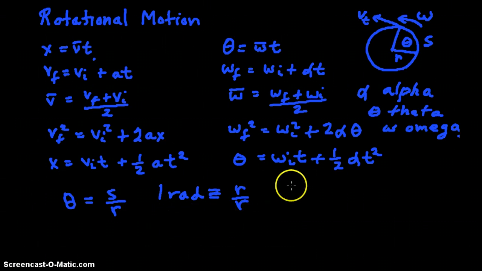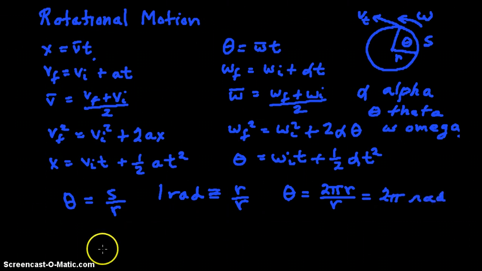So if you had a complete circle, the angle formed would be, your arc length would be the circumference of the circle divided by the radius. So that's 2 pi radians.